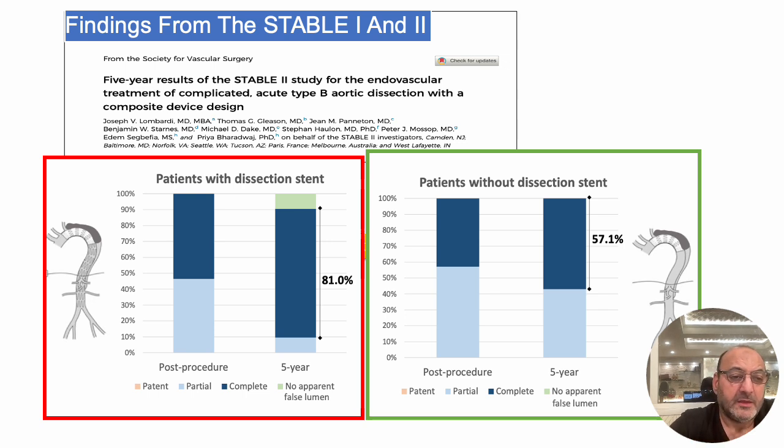So this study was a huge influence and success in terms of modifying treatment for acute type B dissection, especially when you have a very small false lumen. In our practice, we use this technique routinely, almost routinely, on most acute dissections right now.